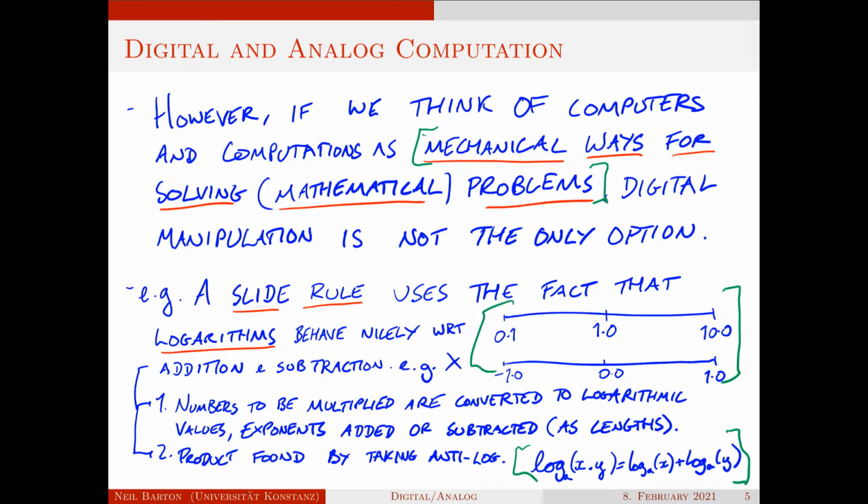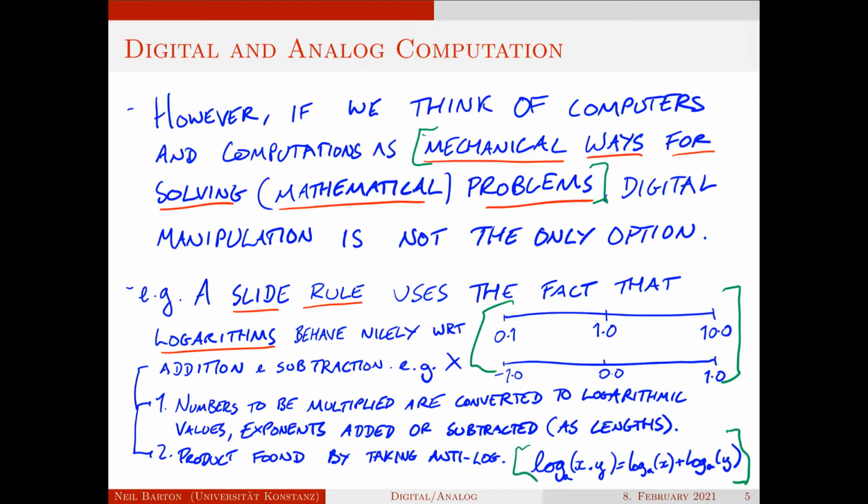In the slide rule, you can, with a bit of idealization, move any continuous amount. It's not like I have to only move a discrete amount, or delete a 0 or delete and add a 1, for instance. Okay, and we'll see that this comes out in the different characterizations of the difference between analog and digital later.